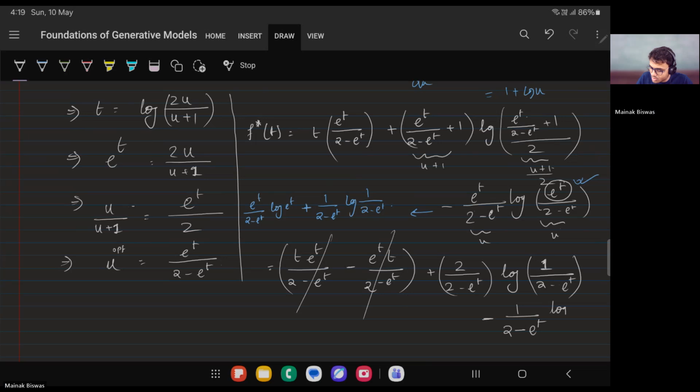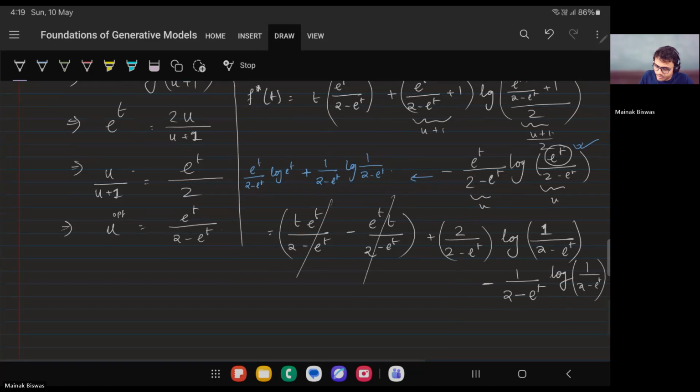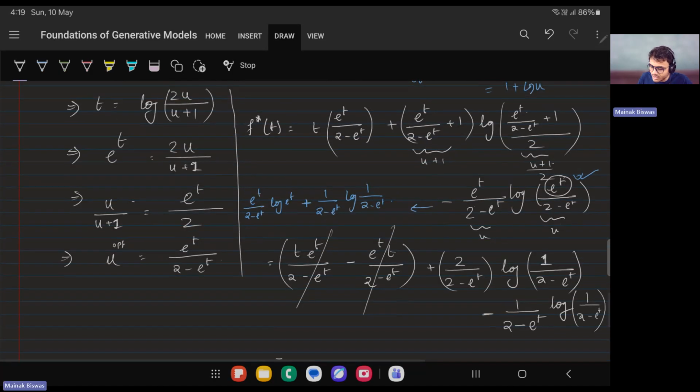Into log of 1 by 2 minus e to the power t, right? This is what I'll have. So what does this turn out to be?